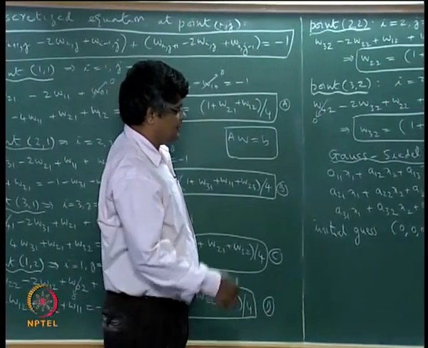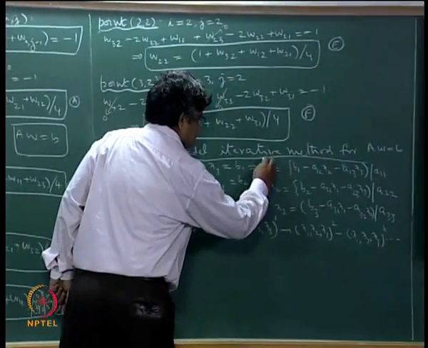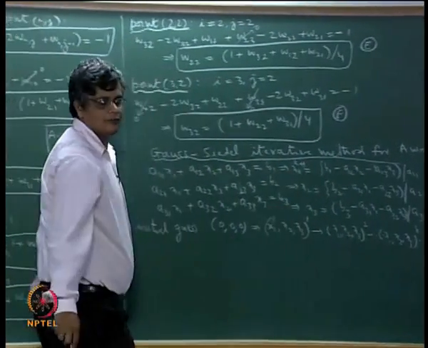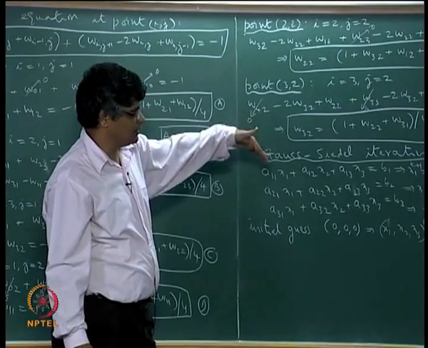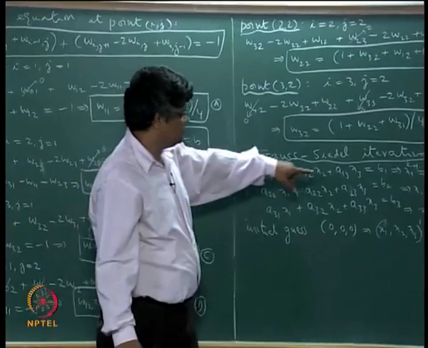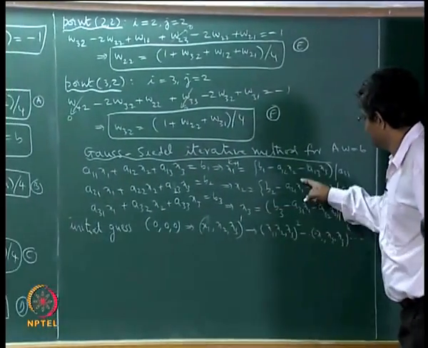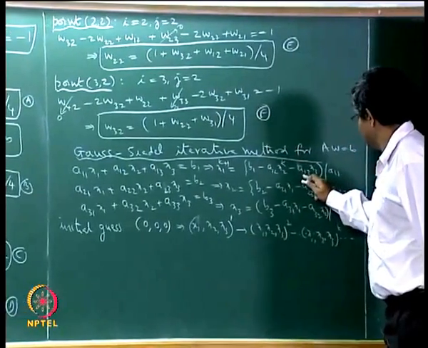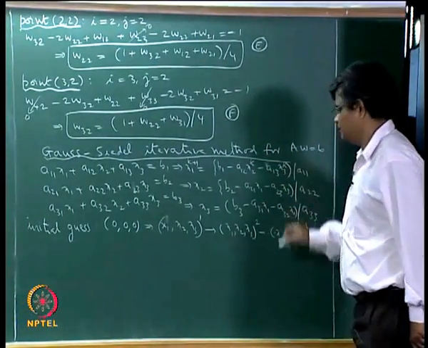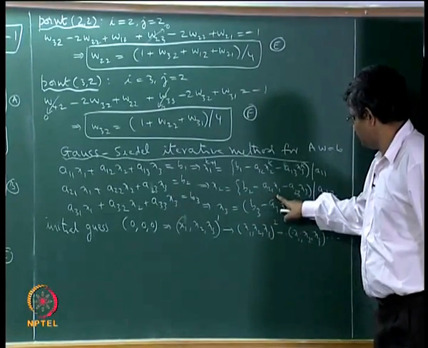Okay, so the way that we evaluate this is that at the end of k iterations we have value of x1 x2 x3. So the new value x1 k plus 1 is evaluated as b1 minus a12 x2 k minus a13 x3 k, and x2 is evaluated as b2 minus a21 x1.